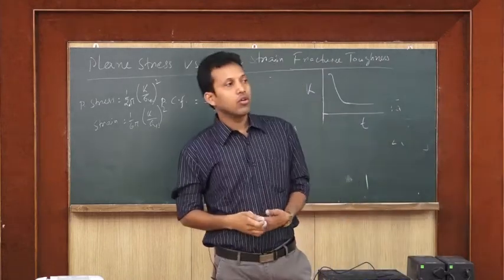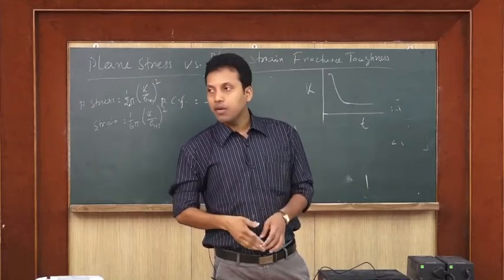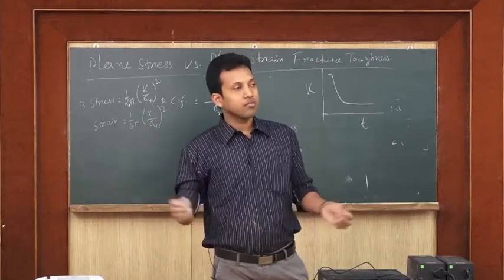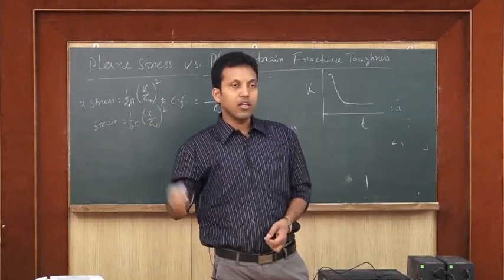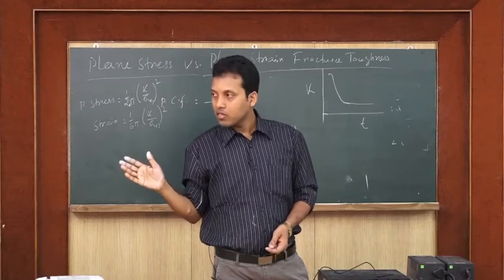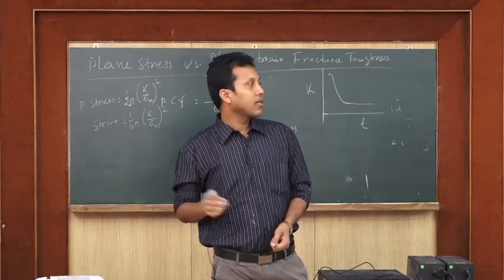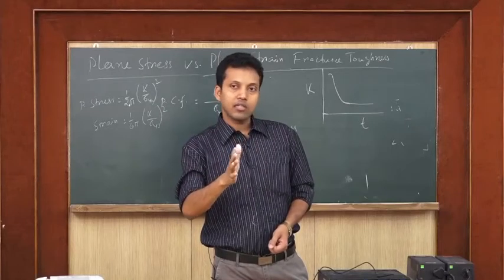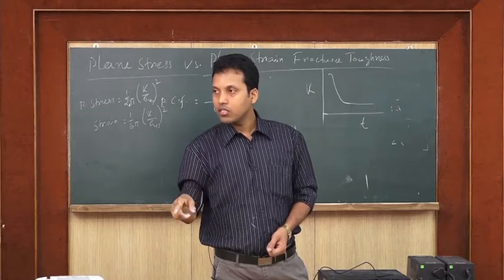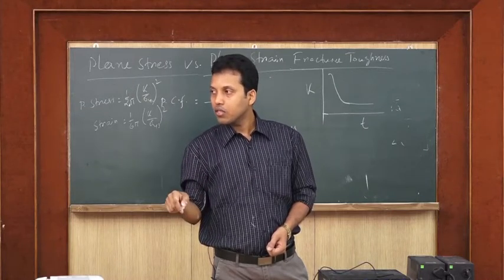For a material, if I take specimens of different dimensions, which I will discuss after this, then I will find that up to a certain thickness the toughness value reduces with increasing specimen thickness.